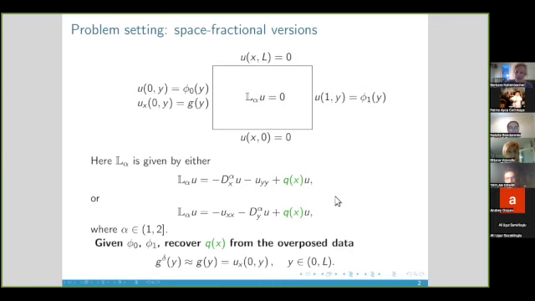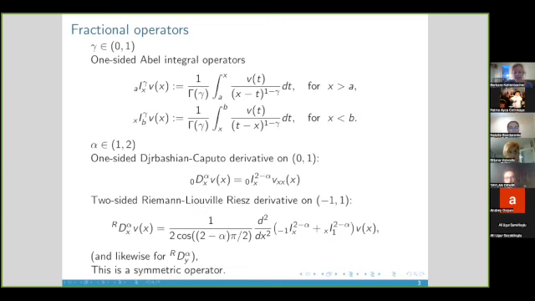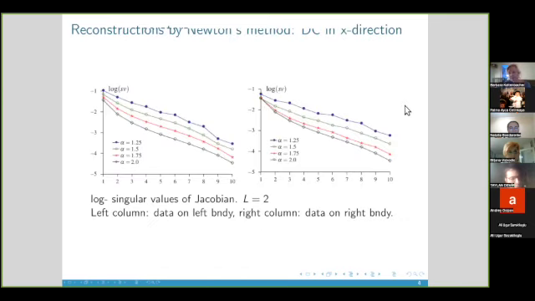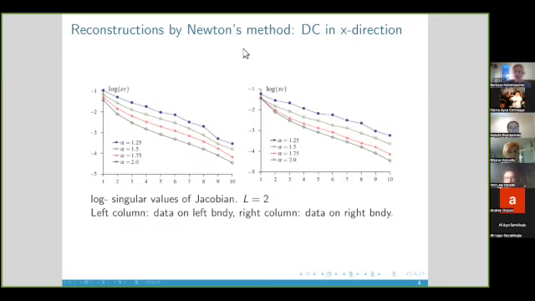So we have to apply some solution method for nonlinear problems, and it's actually Newton's method that we are applying here. In order to assess the degree of ill-posedness of a problem, a suitable way is to look at the linearization: just look at one of the Newton steps and then compute the singular value decomposition of the Jacobian. The decay of these singular values quantifies the degree of ill-posedness.